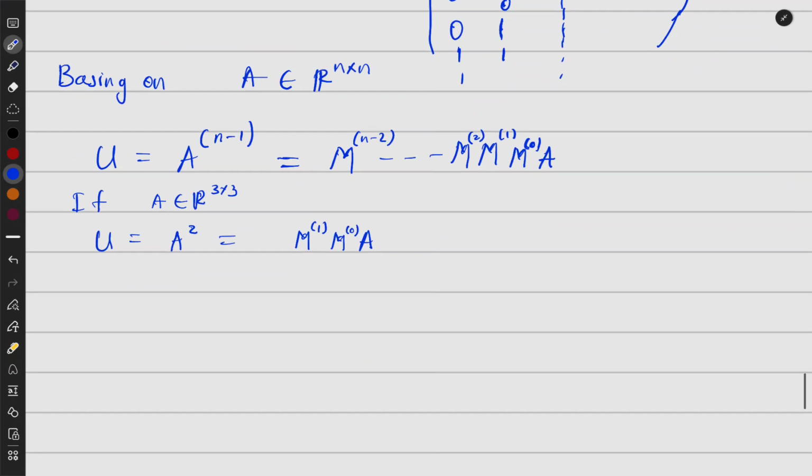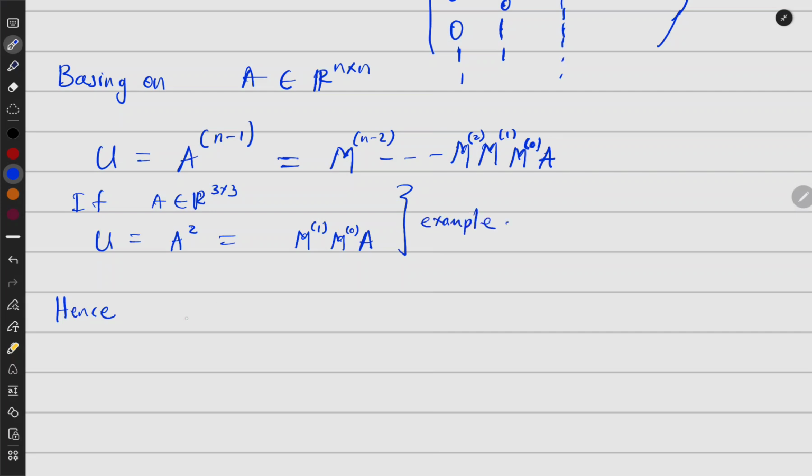Then the other interesting part is that therefore, what do you see? This was just an example.